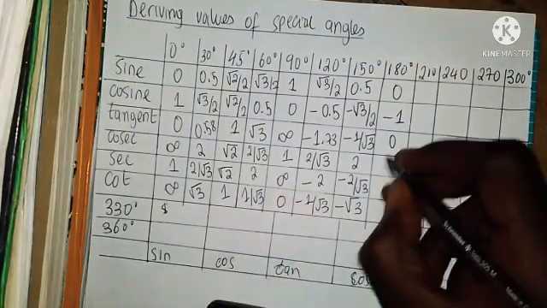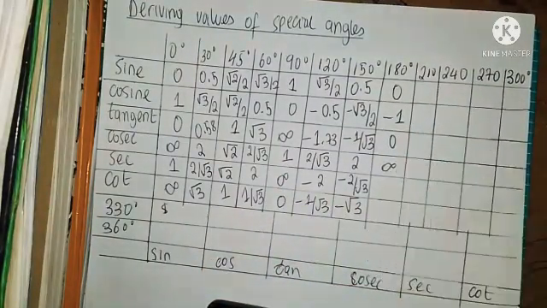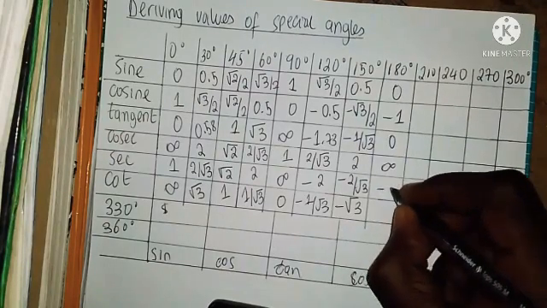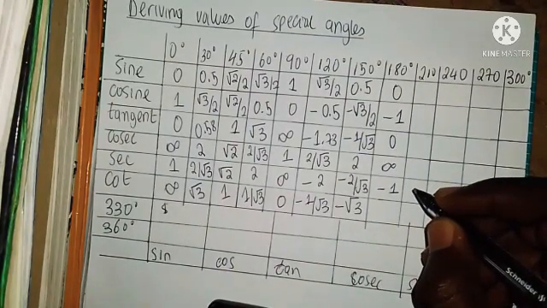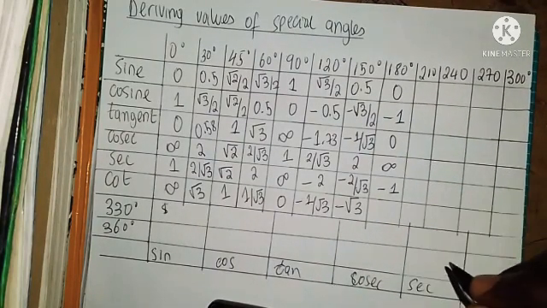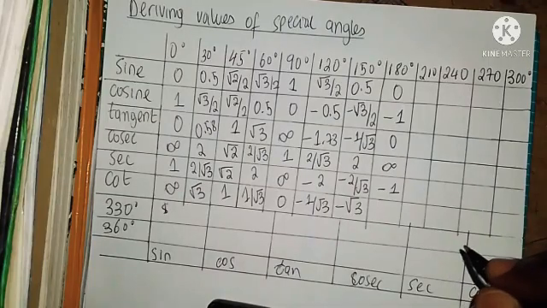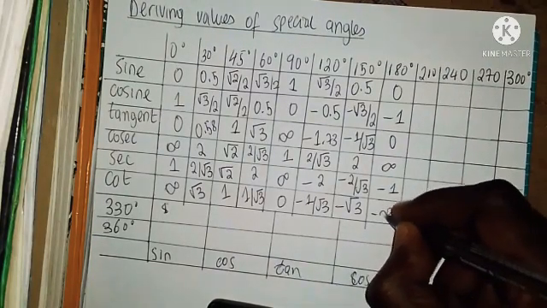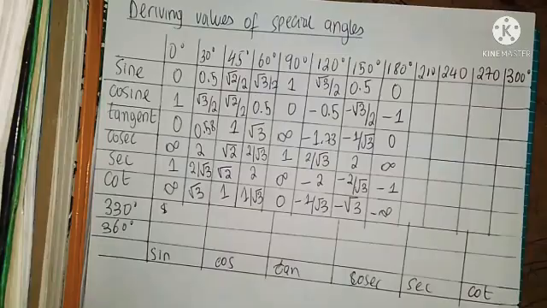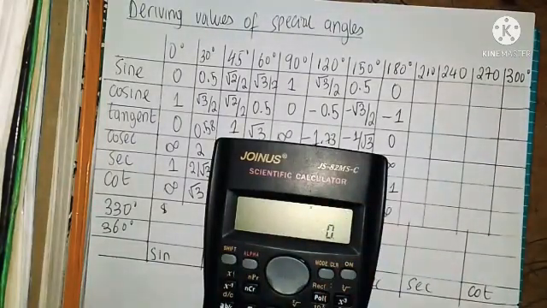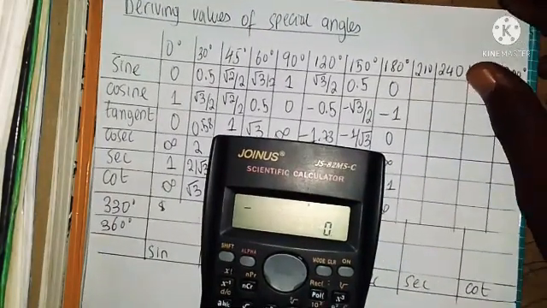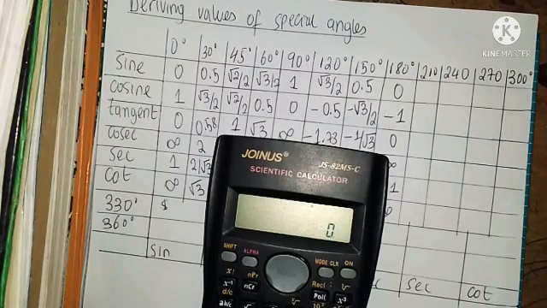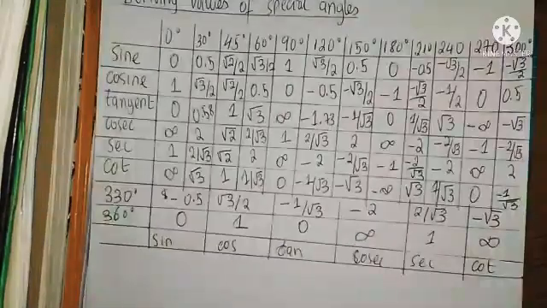Cosec of 180 and cot of 180 is equal to negative infinity. Okay, so 210. Now for the remaining values, I'll try and fill them very fast, and you can simply punch them on your calculators and get the respective values. Once done, this is all the values we should have here.